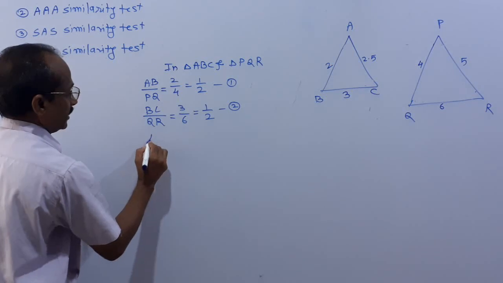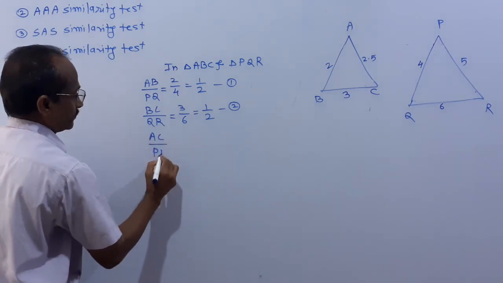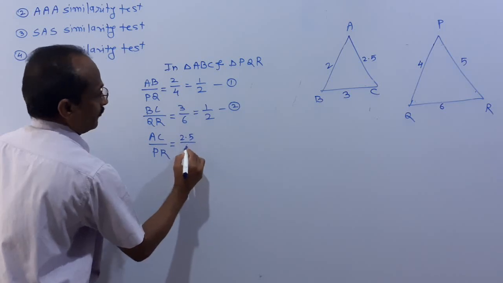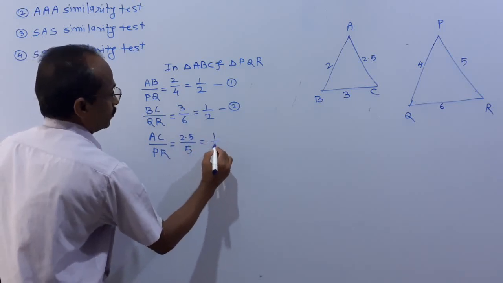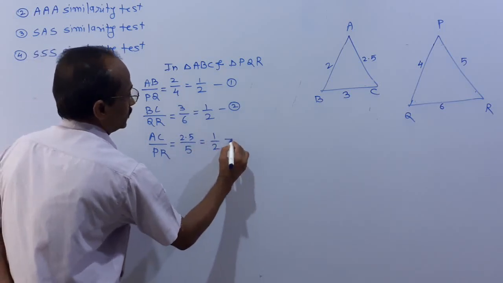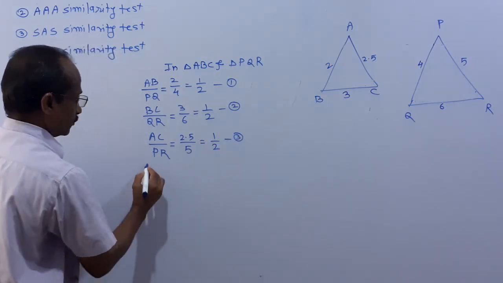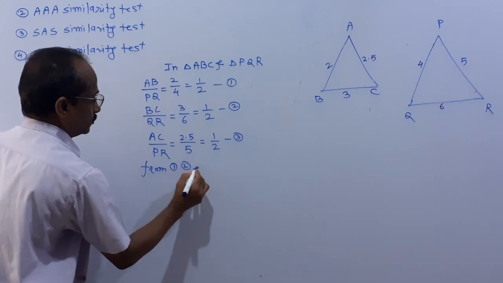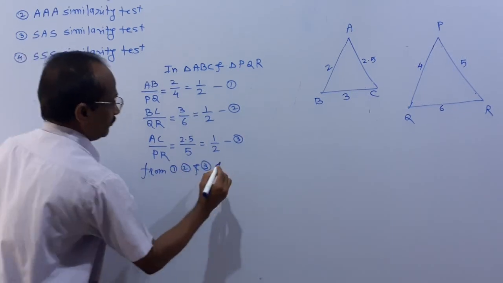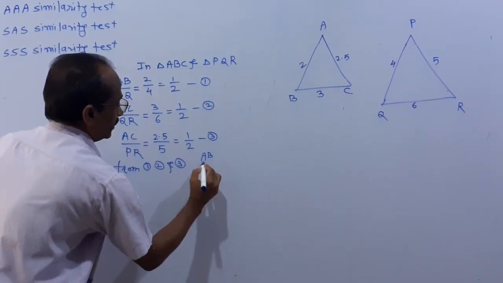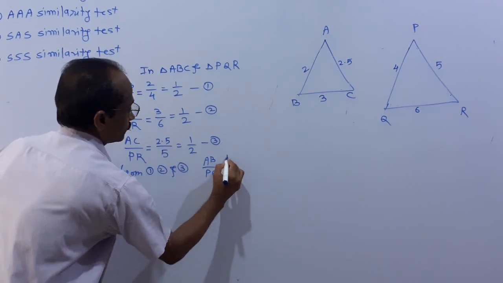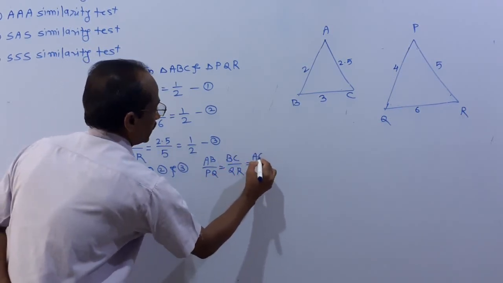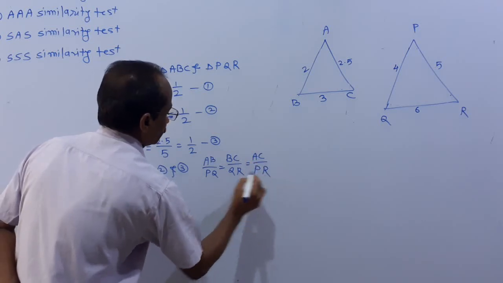And last, AC by PR equals 2.5 divided by 5, which also equals 1/2. This is number 3. So from 1, 2 and 3, what do we have? AB by PQ equals BC by QR equals AC by PR.